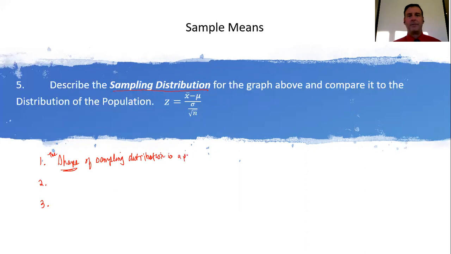I'll be a little bit more brave and say it looks like it's approximately normal, based off the 82 that we have. There's definitely no skewedness there. And then what I want to do is find a mean and find a standard deviation.